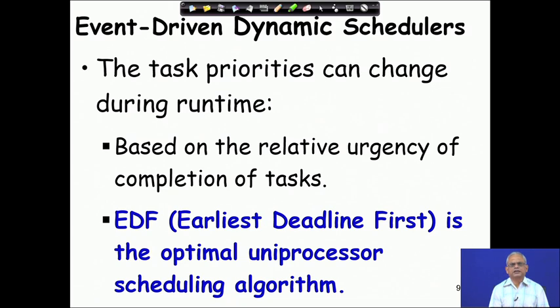So, these are the dynamic schedulers, where the scheduler keeps on changing the priority of the tasks, and of all the dynamic priority schedulers, the EDF or the earliest deadline first scheduler is the optimal uniprocessor scheduling algorithm. So, what it means is that given a task set, if using EDF a schedule cannot be worked out, then no other uniprocessor scheduling algorithm can run it, whether it is dynamic priority or static priority.